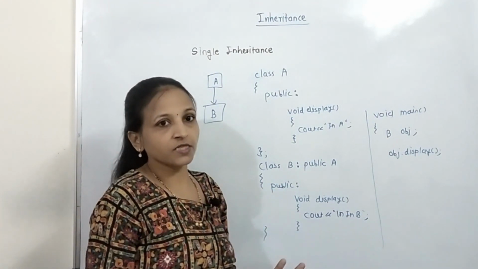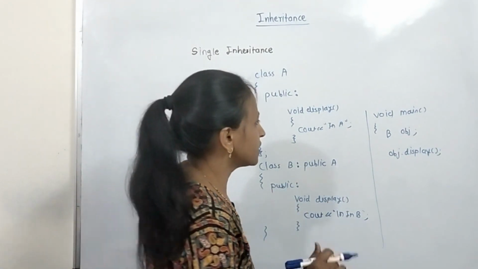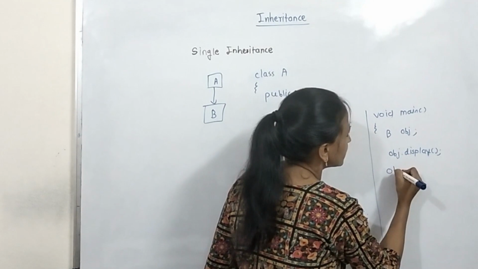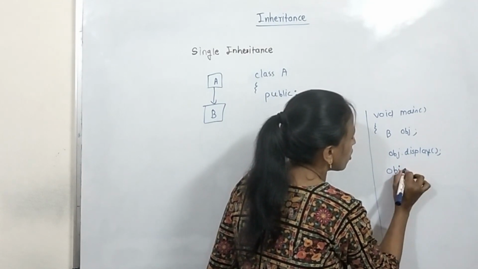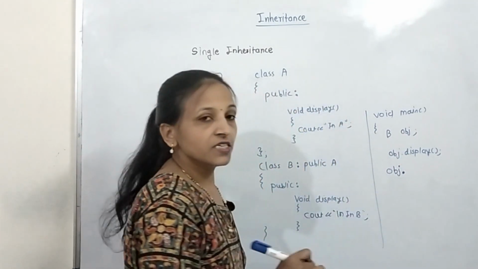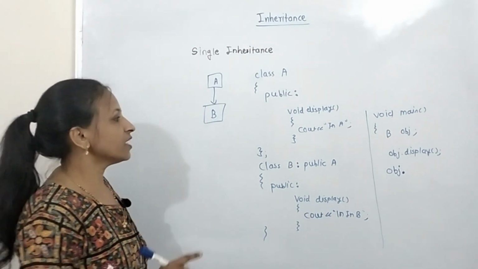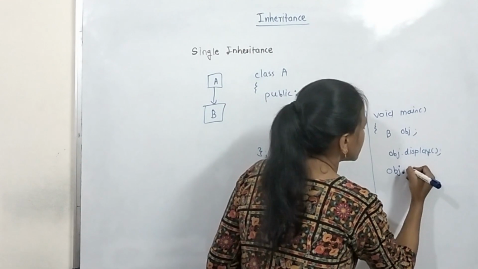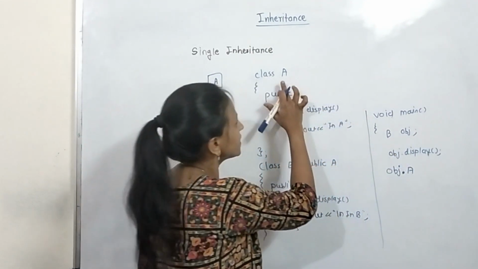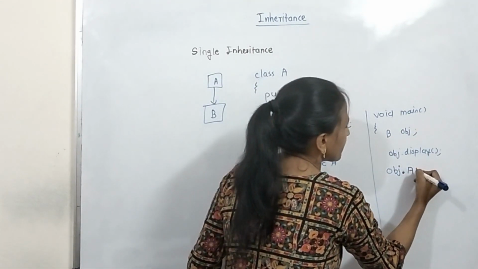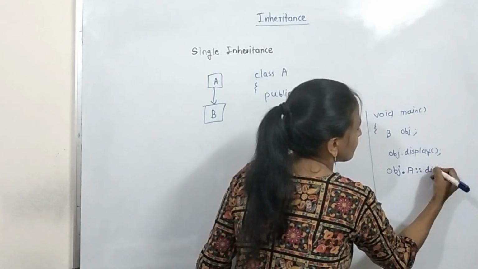This is possible. Now how to call it? There is a simple way. We can call like this: obj dot. Now here, we know the scope resolution operator that we can use. We will write like this: class A, the class name, then the scope resolution operator, and then display.